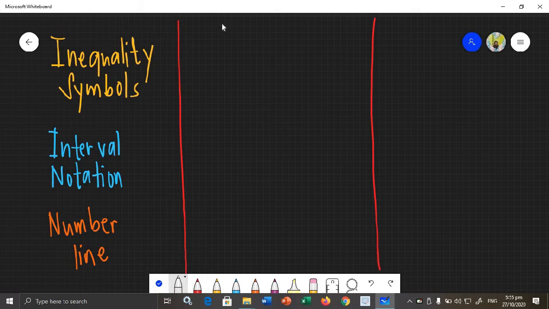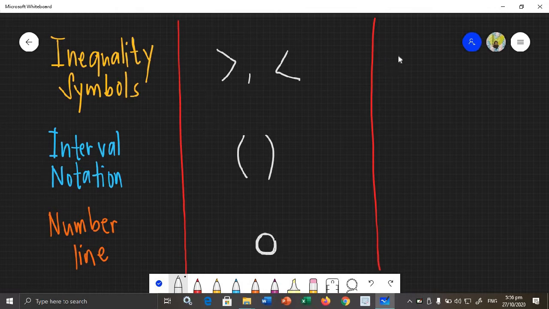When you see these inequality symbols, greater than or less than, you should remember that the interval notation you're going to use is the parentheses. And on the number line, you will notice that for these inequality symbols, the plotting is an open circle.